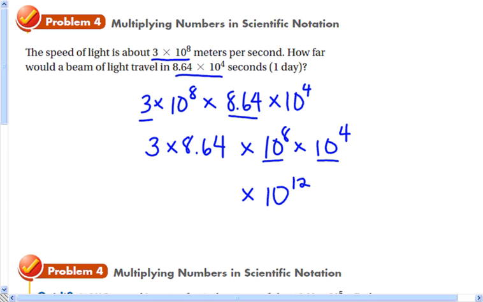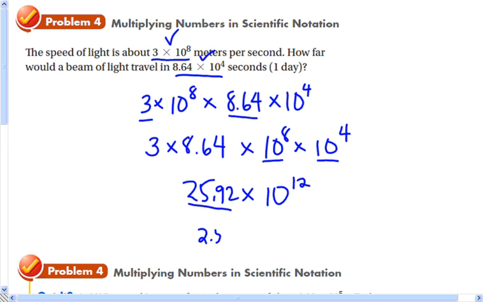And then I could just multiply 3 times 8.64, which is 25.92. And then, since both of these are in scientific notation, I need my answer to be in scientific notation. And since 25.92 is greater than 10, it's not.